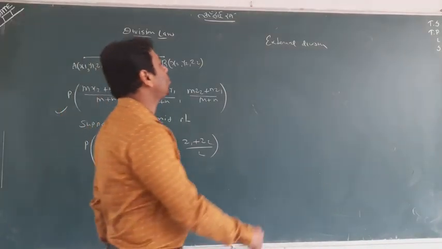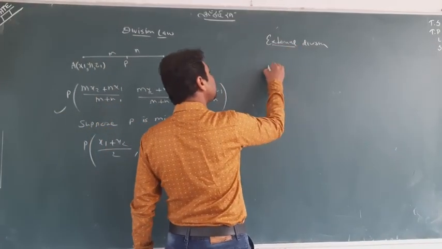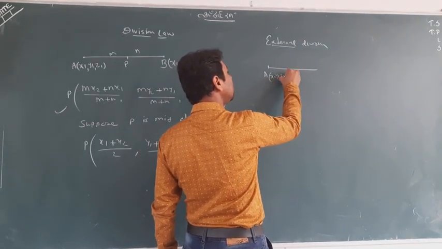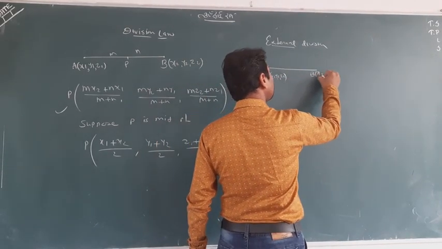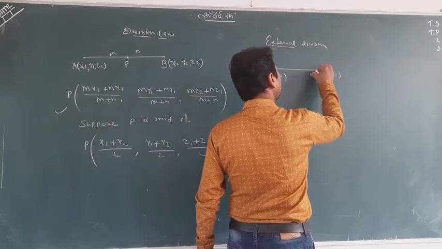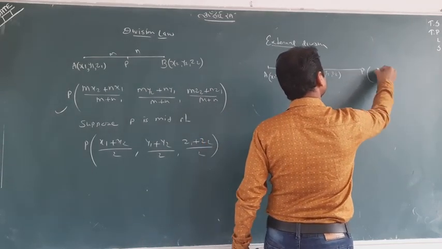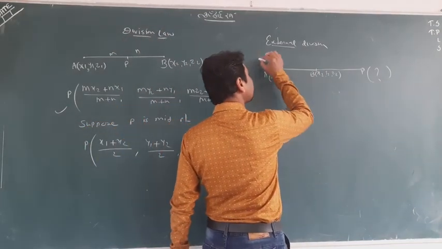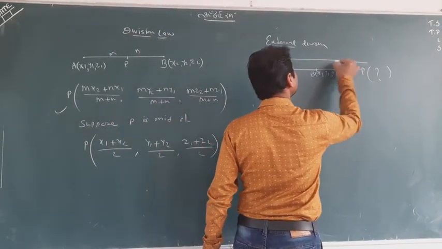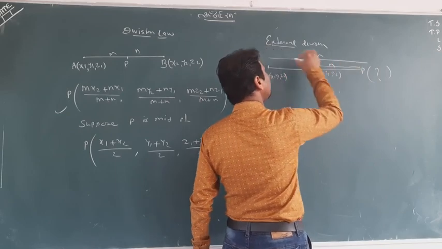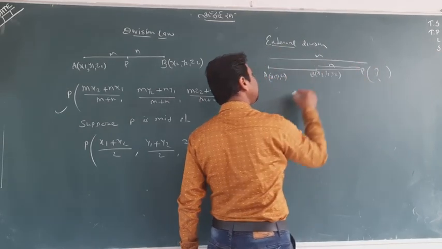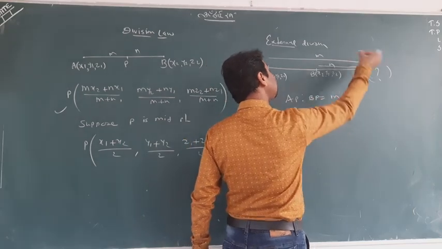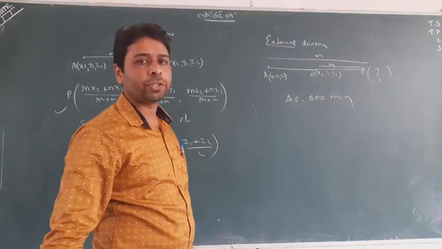Now we'll look at external division. In external division, I say A is (x1, y1, z1) and B is (x2, y2, z2). A point P divides AB externally in the ratio m is to n. I don't know the coordinates of P yet. It means AP is to BP is m is to n, and P is outside, so it is called external division.